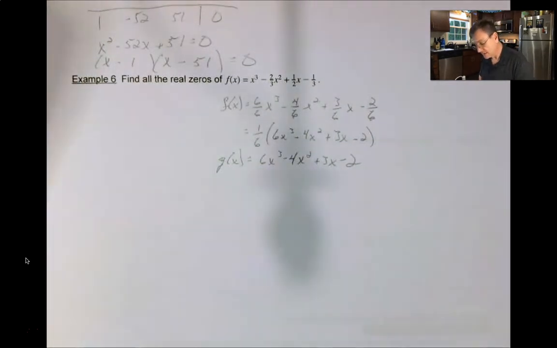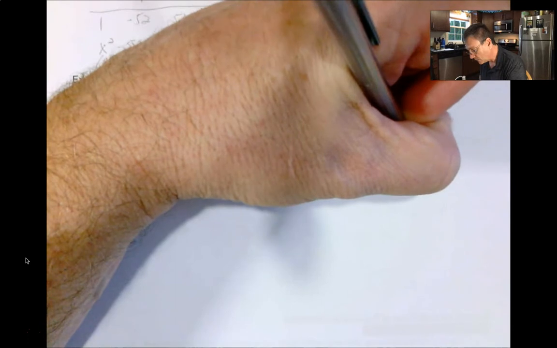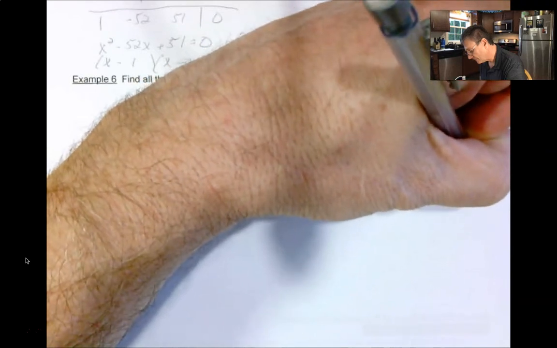Okay, so let's hit this with Descartes' rule of signs. And we've got 1, 2, 3 changes. So we have 3 or 1 positive real zeros.